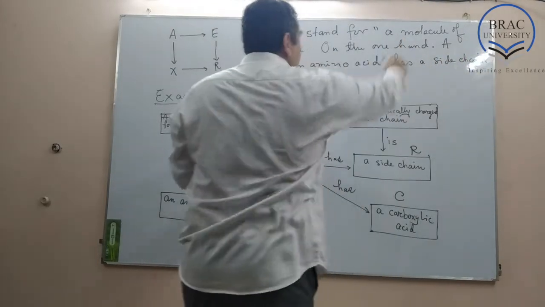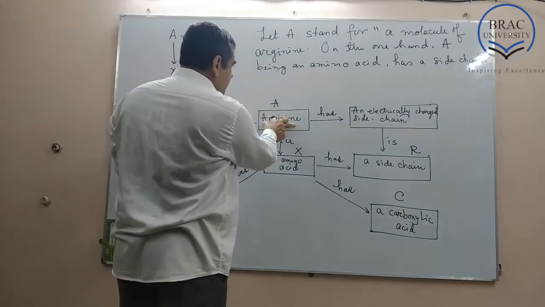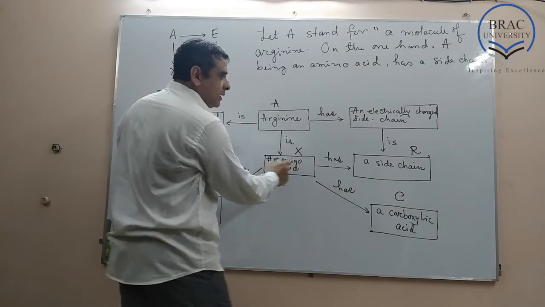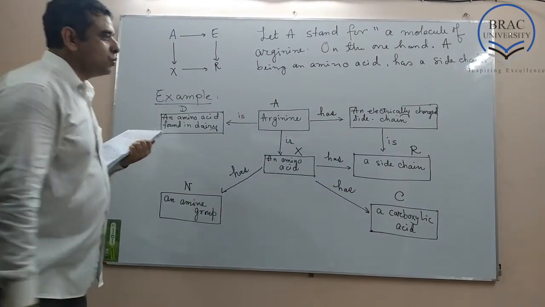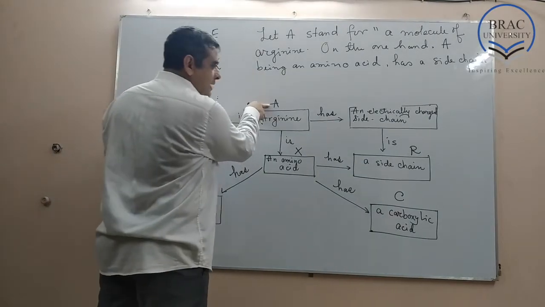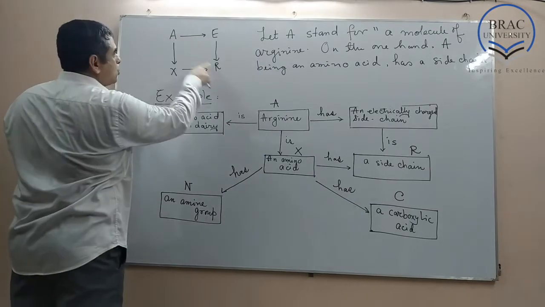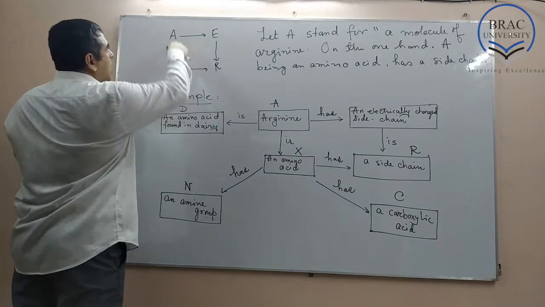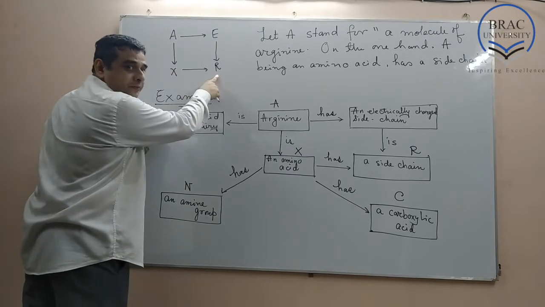So whatever we have written down here corresponds to this pattern. Arginine, being an amino acid, has a side chain. So we have gone from this box A to box R by this path.